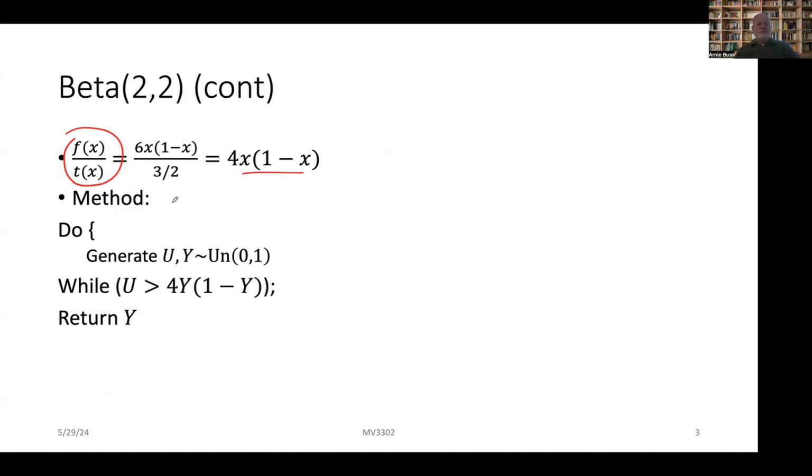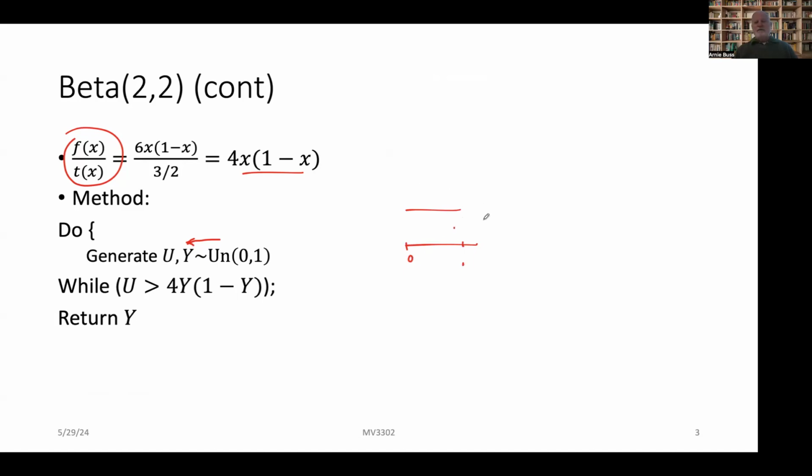So our method is, we're going to generate a U with, well, here's our test. The Y is going to be from the uniform distribution. And what you call it doesn't matter as long as you're consistent.